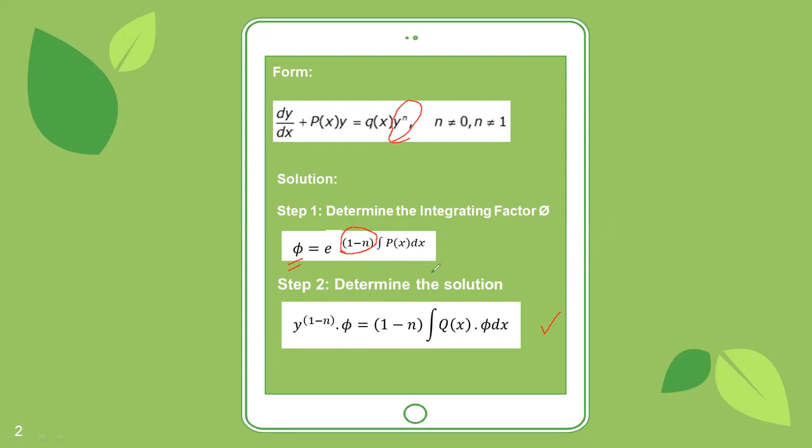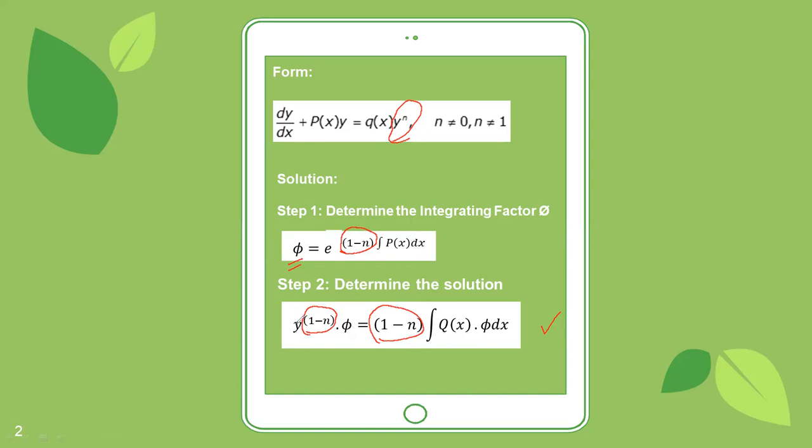So the only difference about the formula for linear is this. Okay, and you have this. The formula for the integrating factor has 1 minus n in the integral of p of x dx.